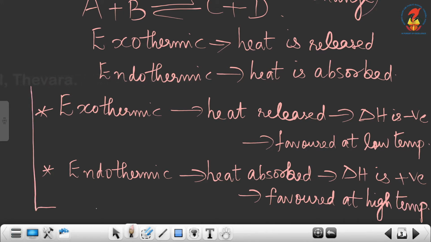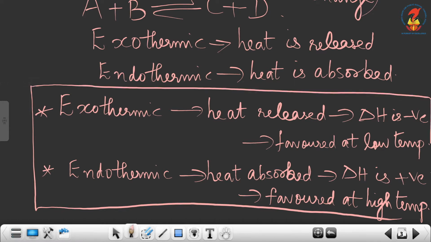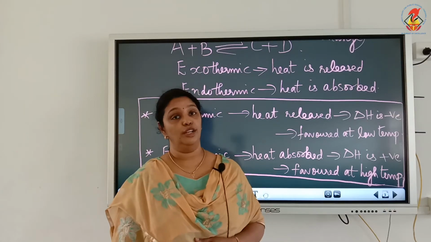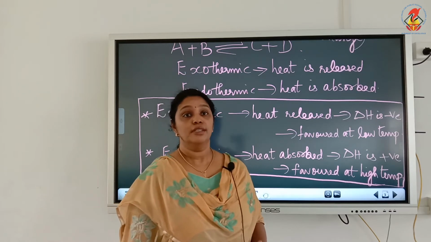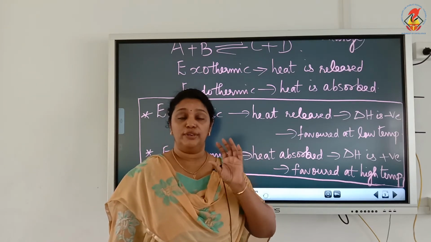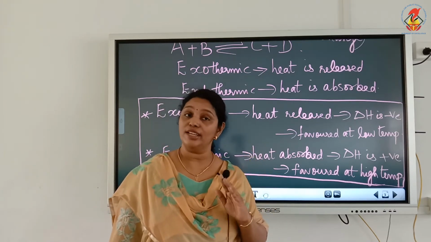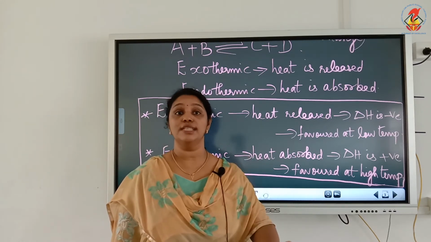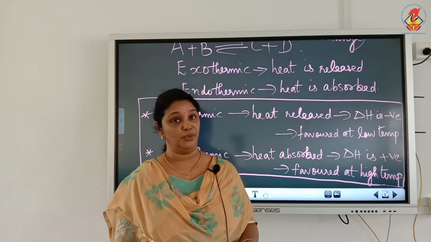These two points are very important. If you study this box, you can easily predict the effect of change of temperature on the equilibrium of a reaction. For an equilibrium reaction, if the forward reaction is exothermic, the backward reaction is endothermic, and if the forward reaction is endothermic, the backward reaction will be exothermic.